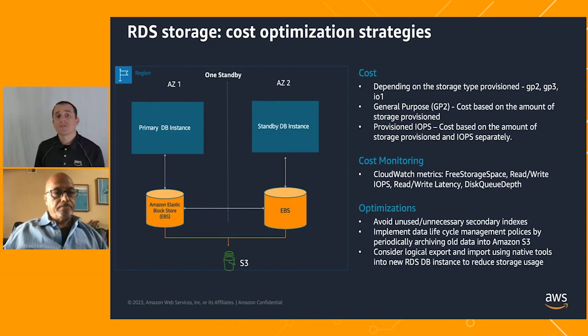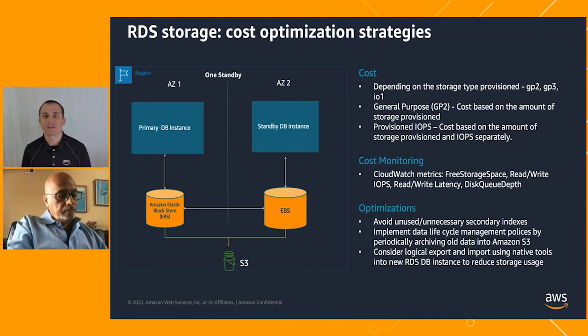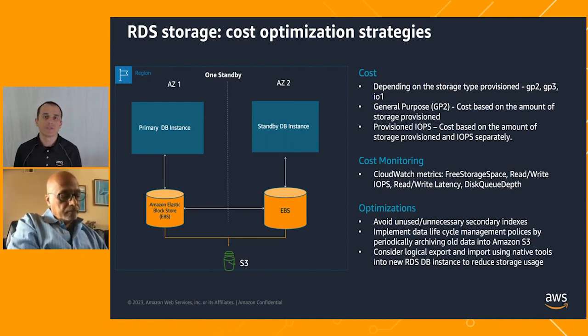So RDS offers several types of storage with different storage characteristics at different price points. It offers provisioned IOPS storage for the most demanding workloads and both new and old generation general purpose storage for the less demanding workloads. Now that said, storage costs largely depend on the amount of data your workload is actually using, right? And how much storage you actually consume.